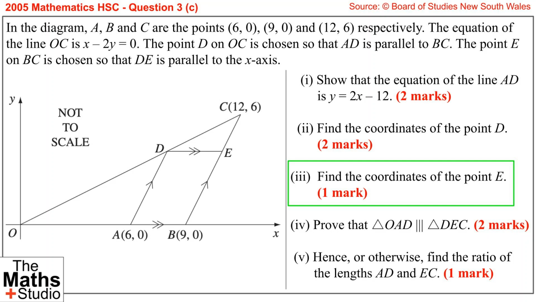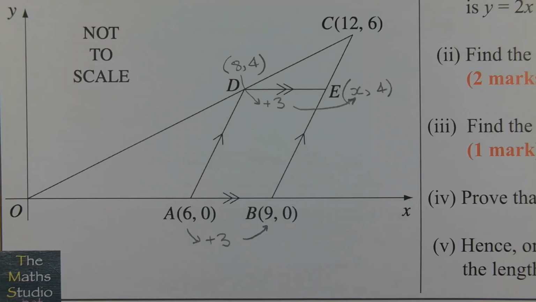Part 3. Find the coordinates of the point E. Consider quadrilateral ADEB. Now opposite sides are parallel, which makes ADEB a parallelogram. And because it's a parallelogram, AB equals DE. Now AB sits on the x-axis, DE is parallel to AB, which means DE is parallel to the x-axis as well.